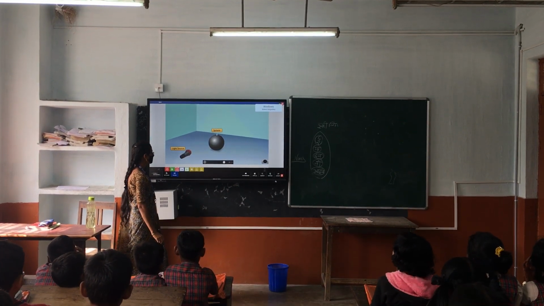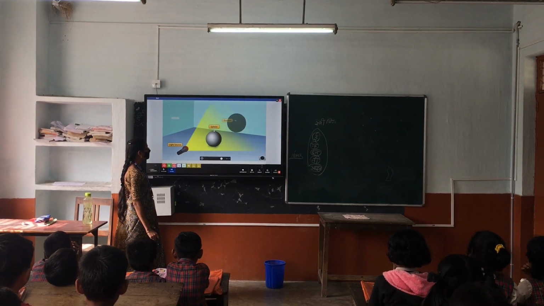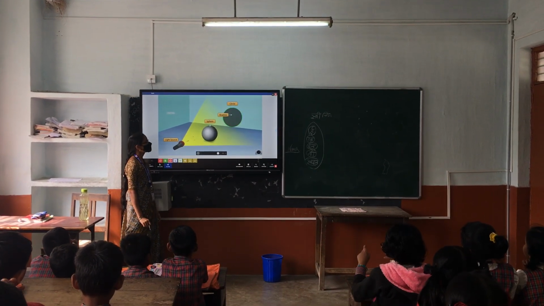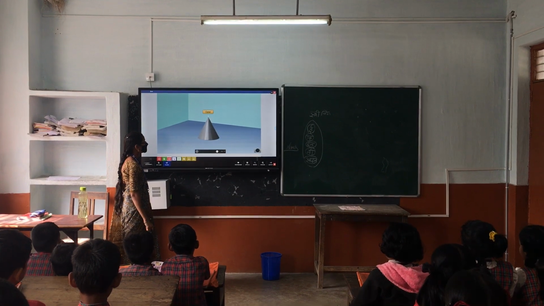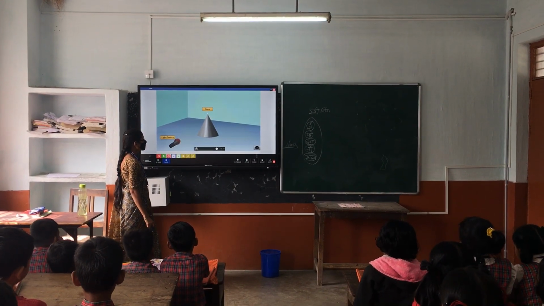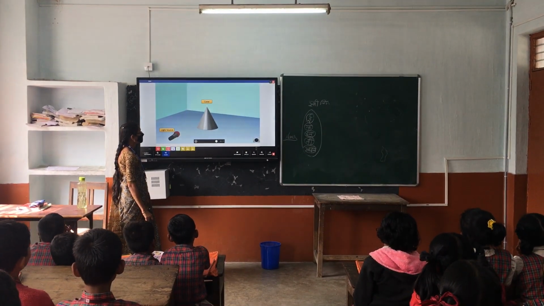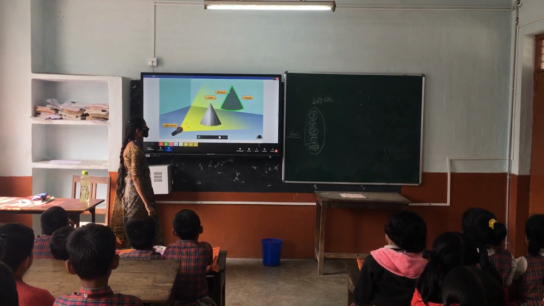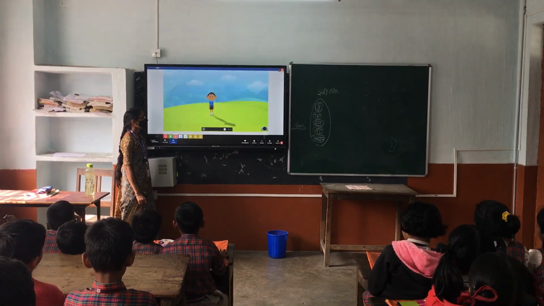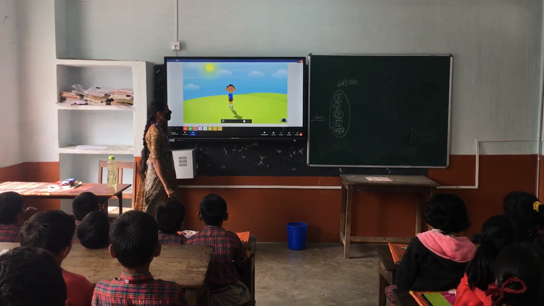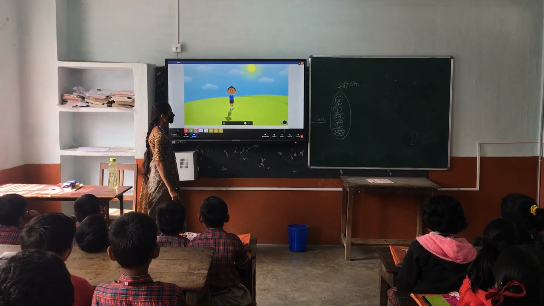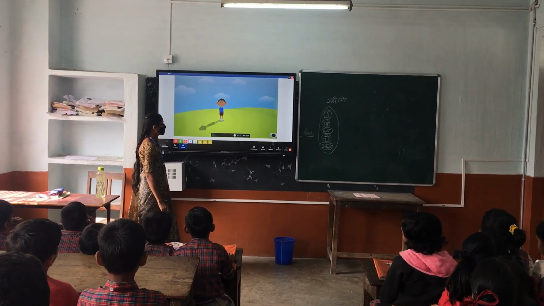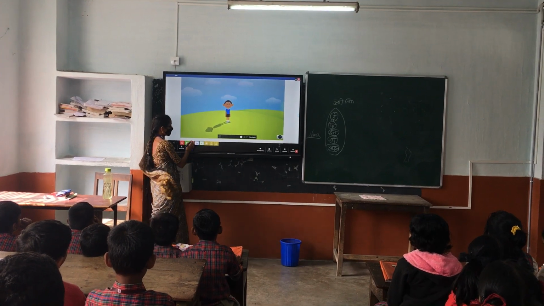However, if the arrangement is like this, a sphere will cast a circular shadow. Now take a look at this arrangement. A cone casts a shadow that is triangular in shape. Look, even our shadow changes its shape at different times of the day.